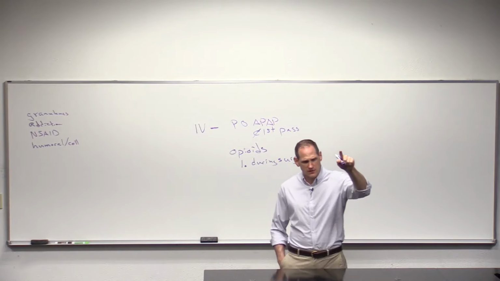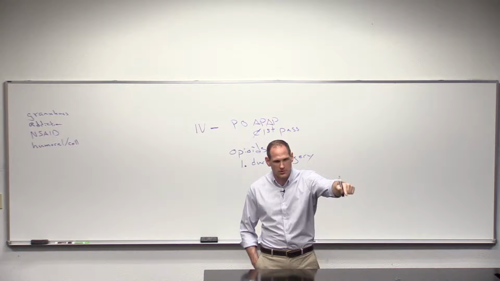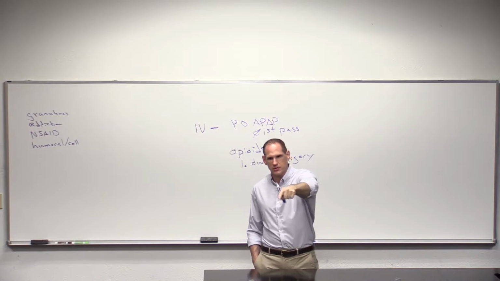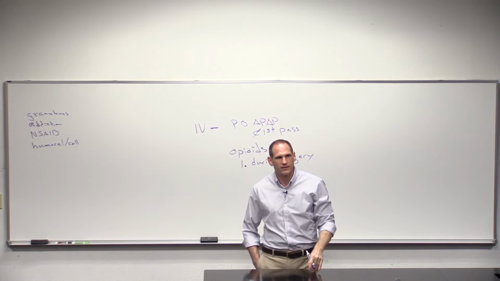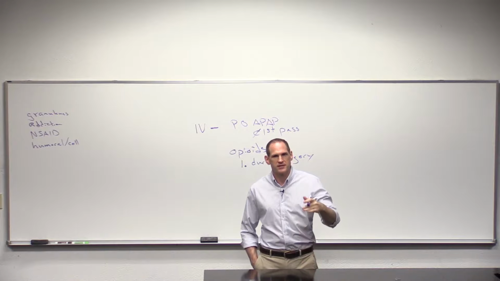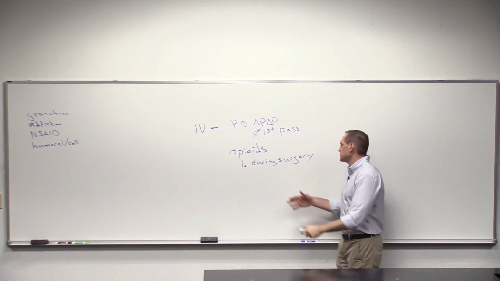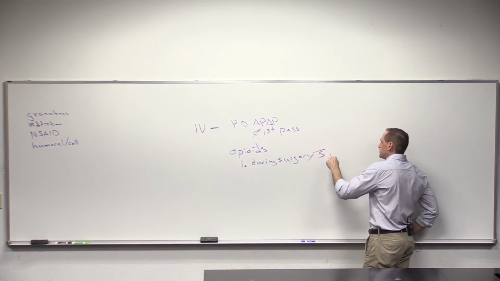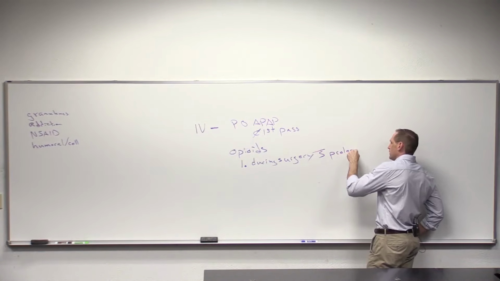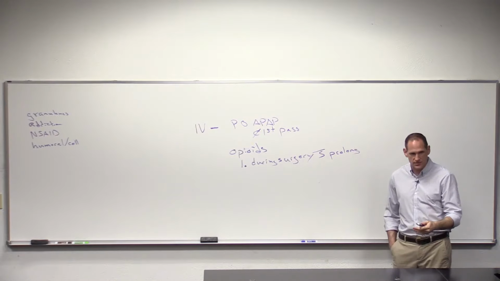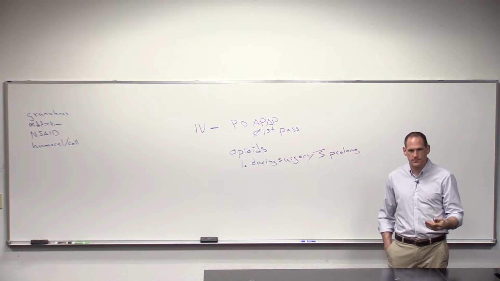When you give a patient an opioid during surgery, what does it do to their waking up later? Makes it take longer. So you can give it during surgery without prolonging the post-anesthesia process. Does that make sense?